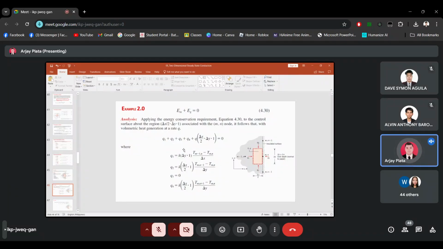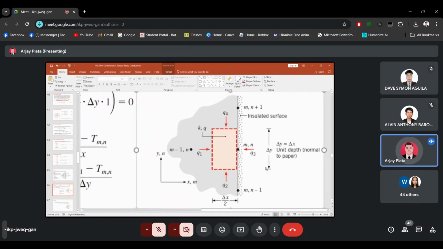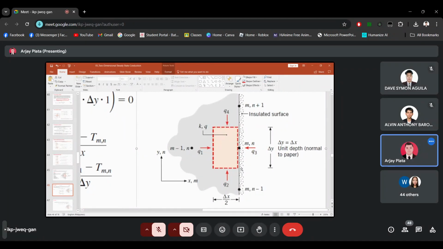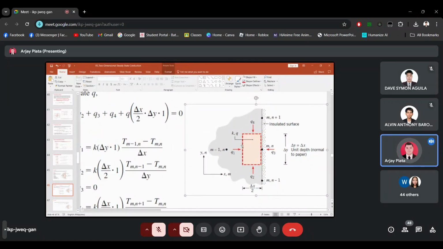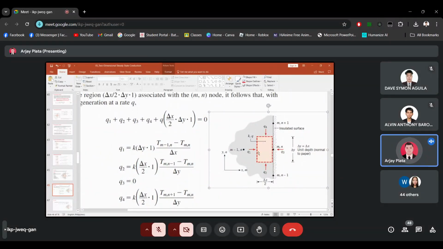You just have to use Fourier's law for quantifying the heat transfer. For the x direction, we have k multiplied by the area. For Q1, the area is delta y times 1.